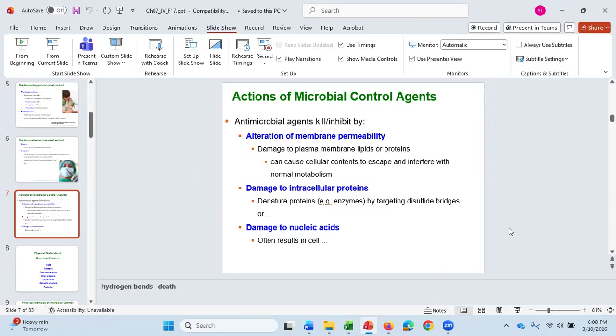If this happens, the cell could lose its DNA. The cell is obviously dead because it's losing its ingredients. That's the first way an antimicrobial agent can kill or inhibit a cell: alter the membrane permeability.